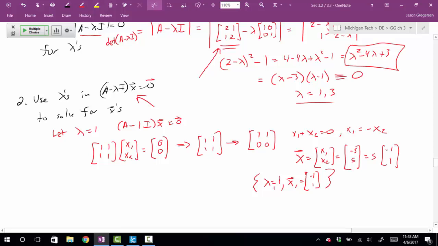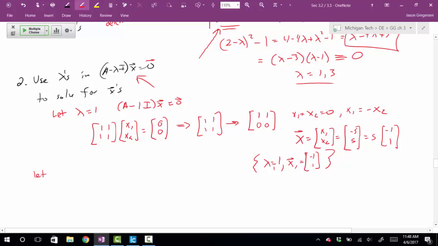I do the same thing with the other eigenvalue. Now let lambda equal 3 and do the same thing. Why don't you go ahead and calculate that second eigenvector. Subtracting 3 off the diagonal. Just work through it, ask questions.